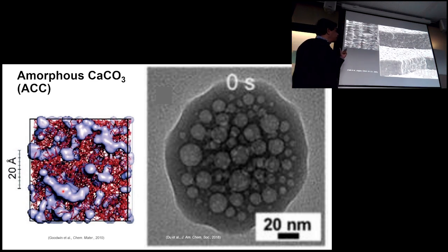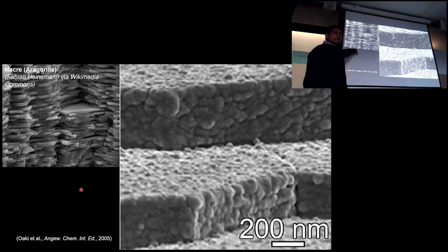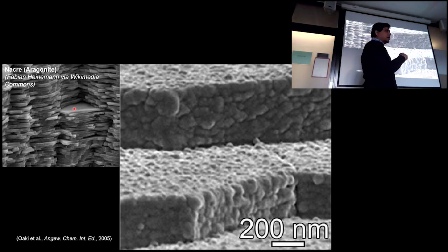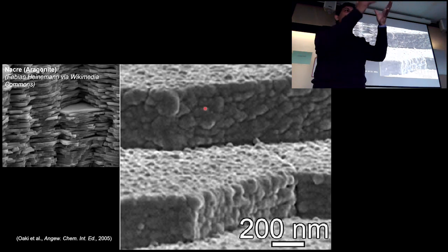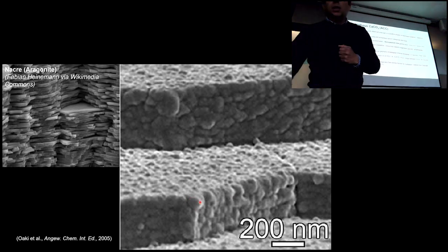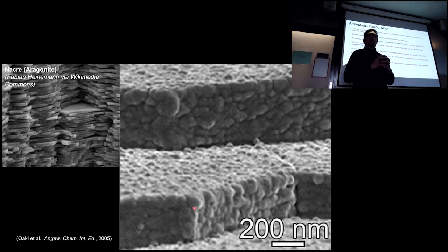So you can see remnants of ACC in various biomineralized structures. The simplest one is these mineral tablets. If you zoom in, you will see that they are composed of these tiny calcium carbonate particles, aragonite particles. That's how you know that it went through an amorphous to crystalline transformation.